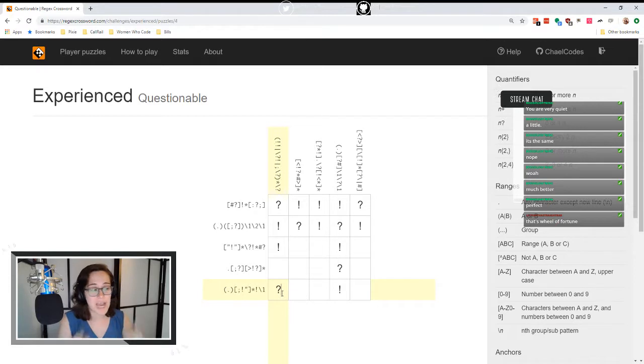All right, we have a capture group around this question mark, right? This last character is going to be a repetition of that capture group, so that has to be a question mark. Now that means these two characters, as we alluded to earlier, are going to be semicolon, exclamation mark, or they're going to be quotes.